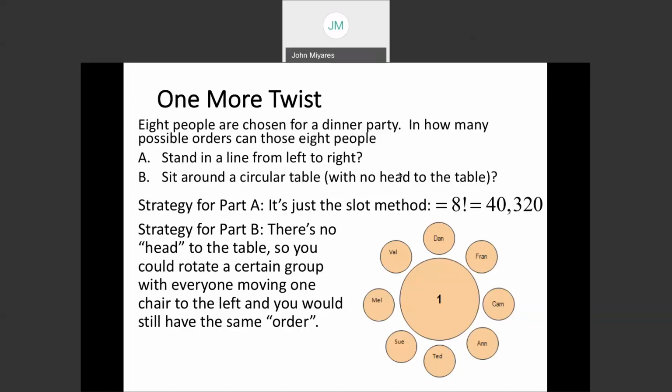In fact, if you include the first method, there are 8 possible ways that this particular group of people can be sitting around a table, possibly in different chairs, but still in the same order. So what we'll have to do is divide 8 factorial by 8, which actually simplifies to 7 factorial, or 5040.